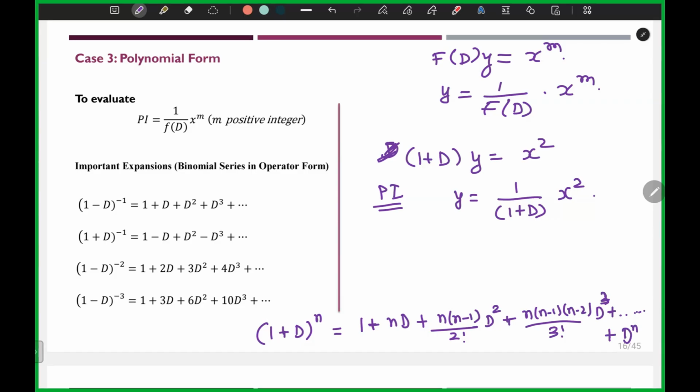So here you can directly claim these results. These are the simplest ones, like 1 minus D to the power minus 1, which is simply 1 plus D plus D square plus D cube and so on. And next it is 1 plus D to the power minus 1, so here you can replace only this part with minus D. Similarly, we have 1 minus D to the power minus 2.